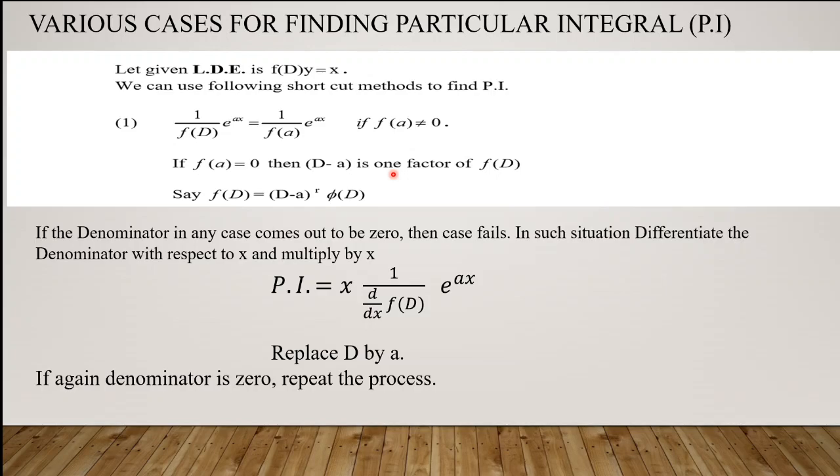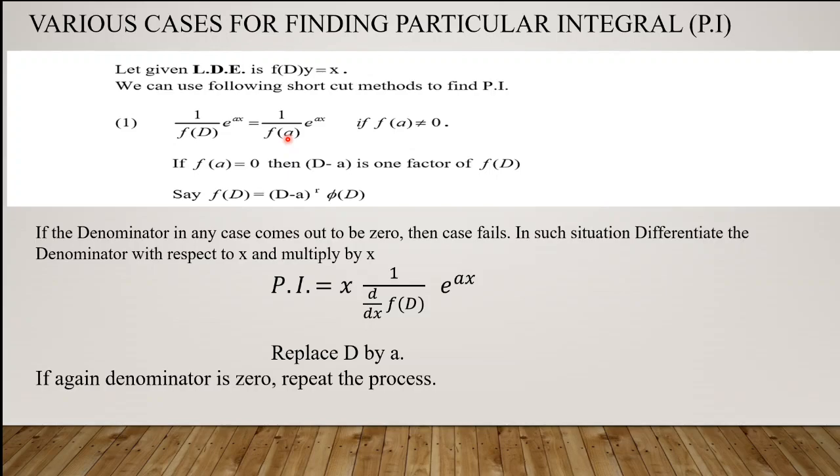So similarly, if here after substitution of this particular a in place of D, that denominator turns out to be 0, means it is a factor. Case fails here because this value is not acceptable. It is not permitted to write down the value with the denominator as 0.